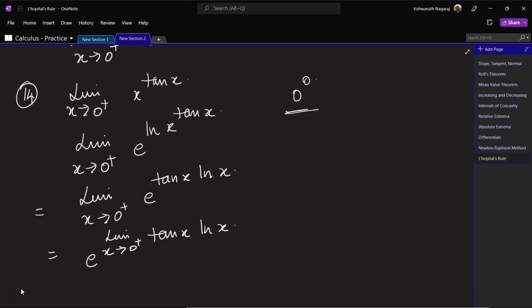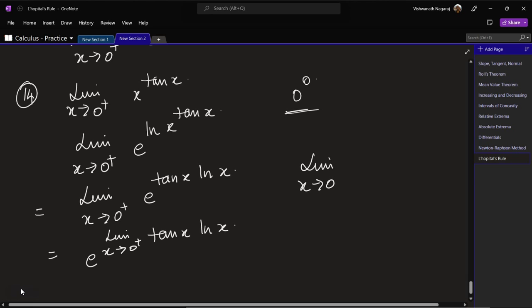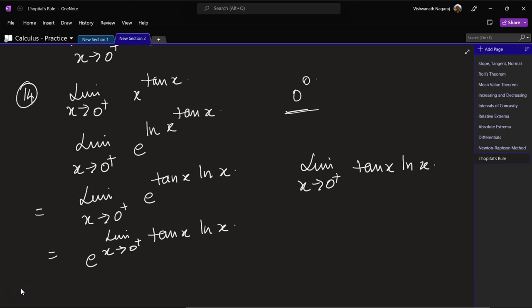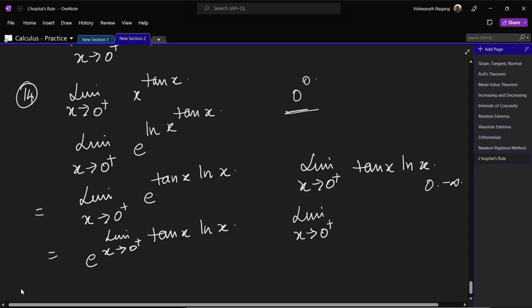So let's do that. The limit as x approaches 0 from the positive side of tan x natural log of x. If we do the direct substitution, we get 0, tan 0 is 0, natural log of 0 is minus infinity. So this is 0 times minus infinity. So again, an indeterminate form.